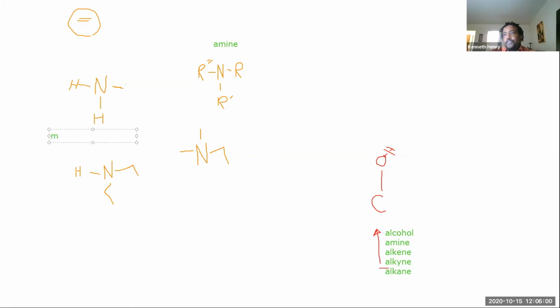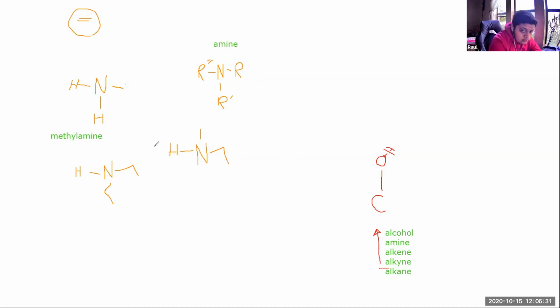If it's a side chain, it's called? Methyl. Okay. So it's methylamine. Let's change this. You don't space the methyl. No, with the amines, you just put it together. You group it together.